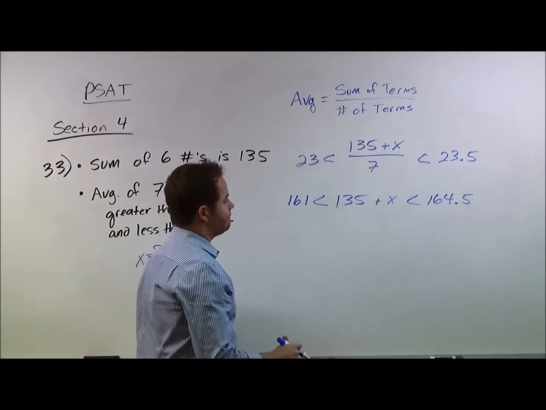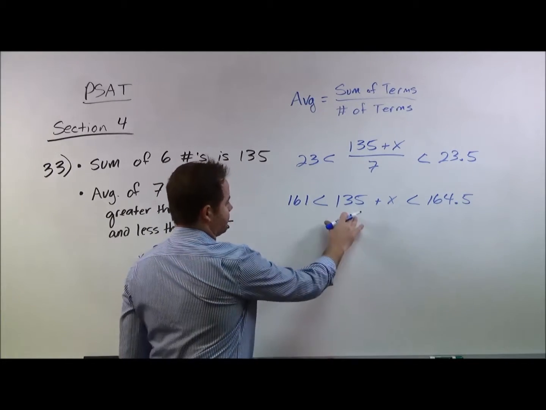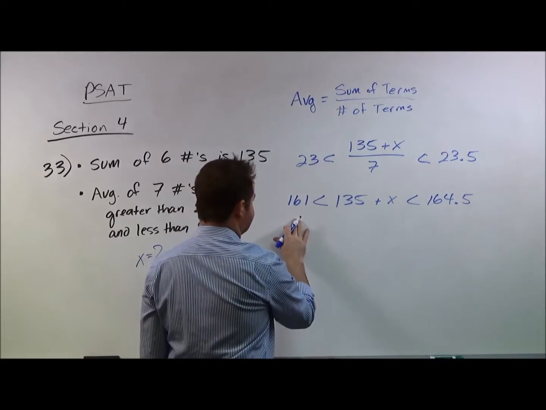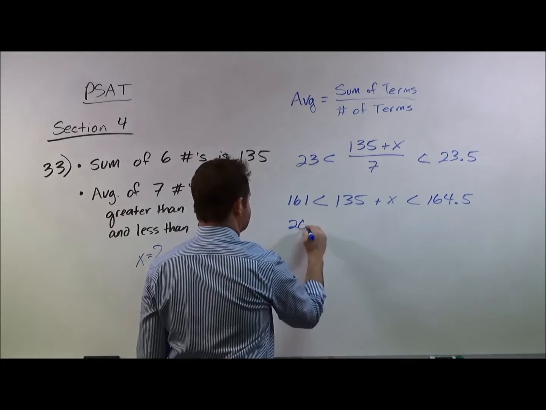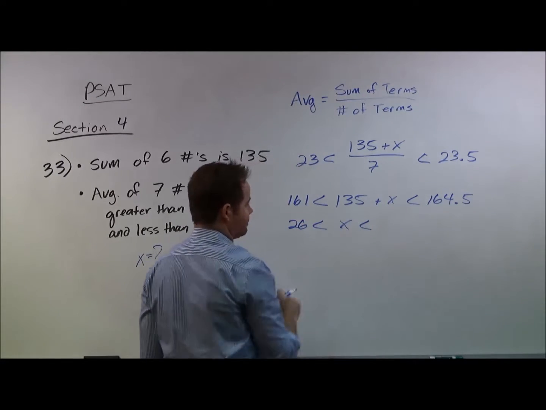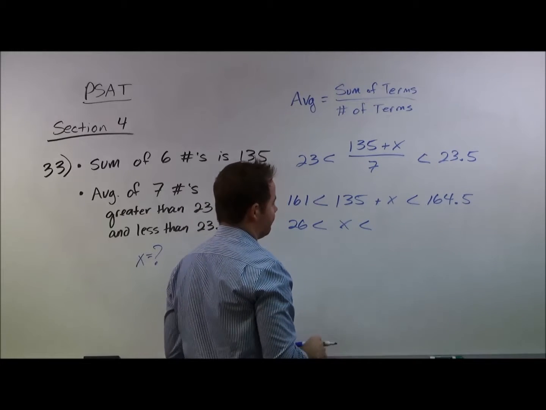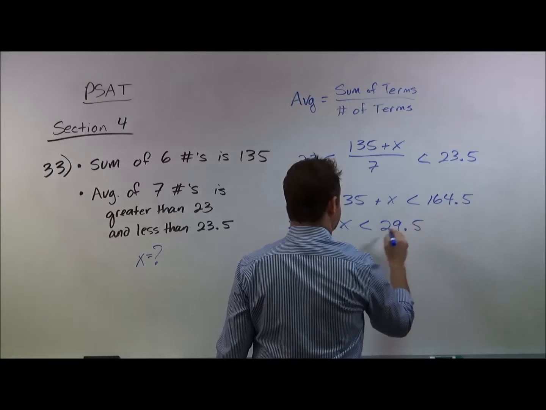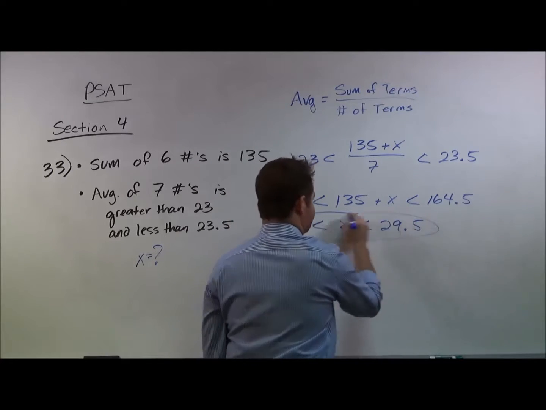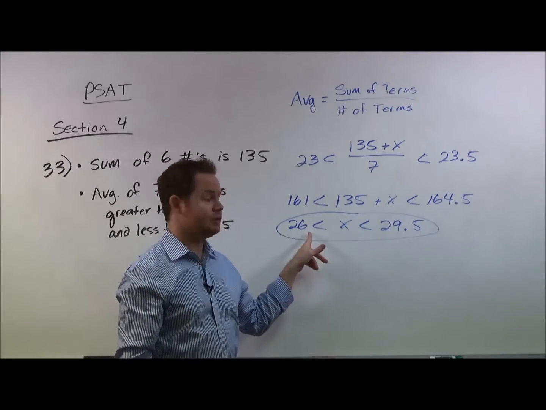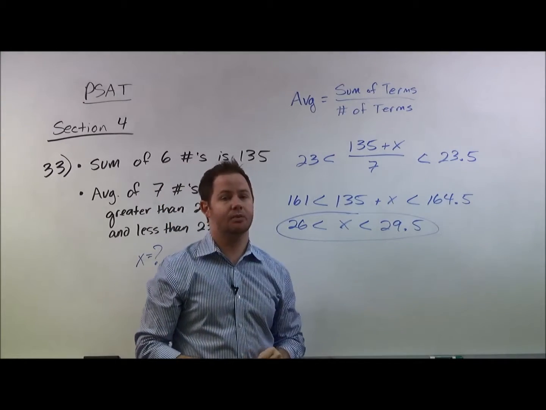And then from there, if we subtract 135 from either side, over here we'll get 26 is less than x, which is less than, if we subtract 135 from that value, 29.5.